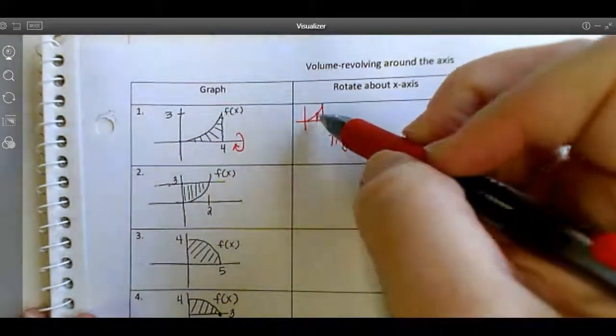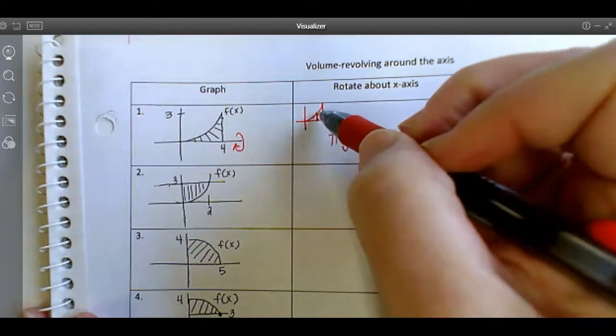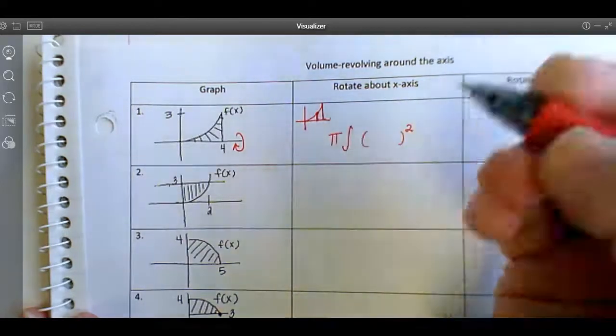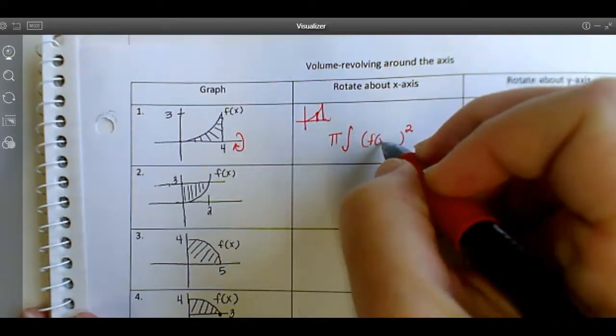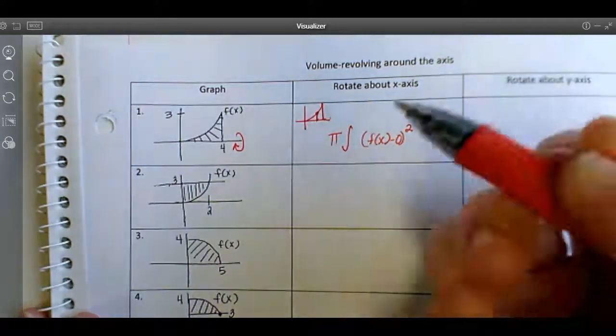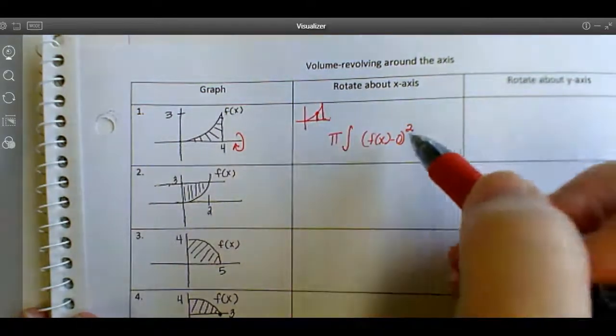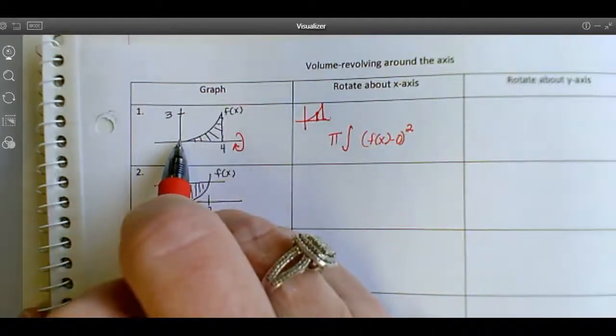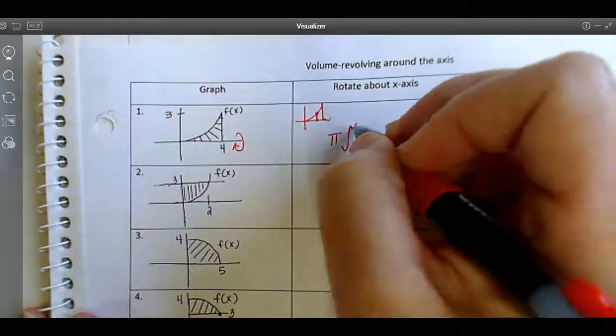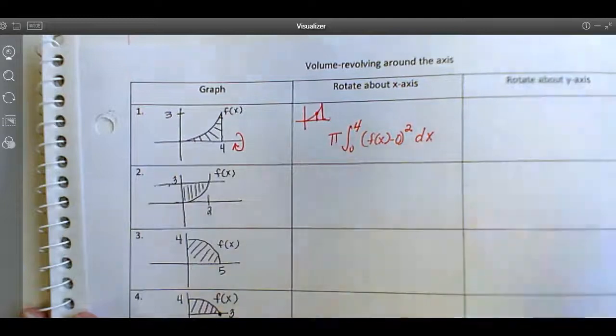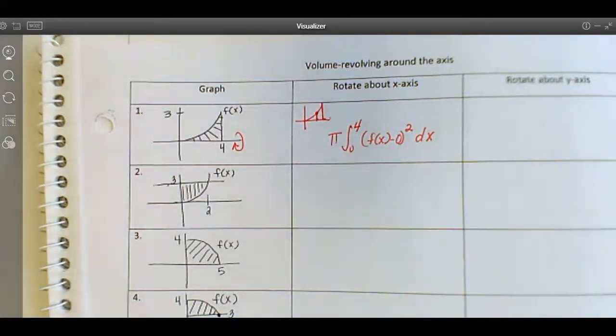And we're rotating around the x-axis, so it's the function minus 0. So in here is just f of x minus 0. And then we're using the x-axis because these are x's, so we're going from 0 to 4.